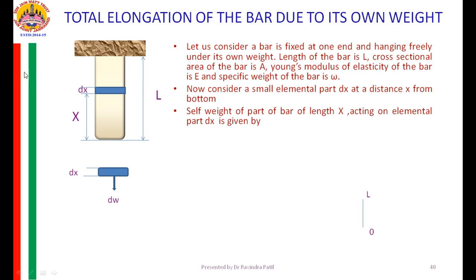So this small part dx, I am taking it out. On this part, the weight is dw. What is the value of dw? It is the weight of that particular part.